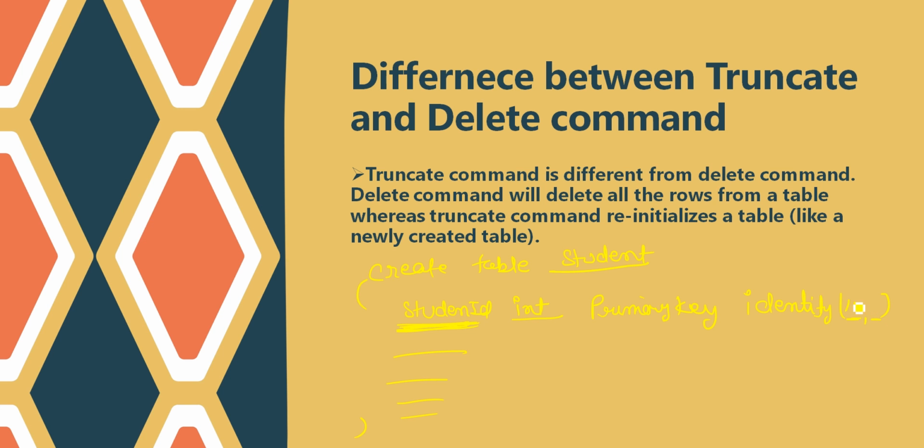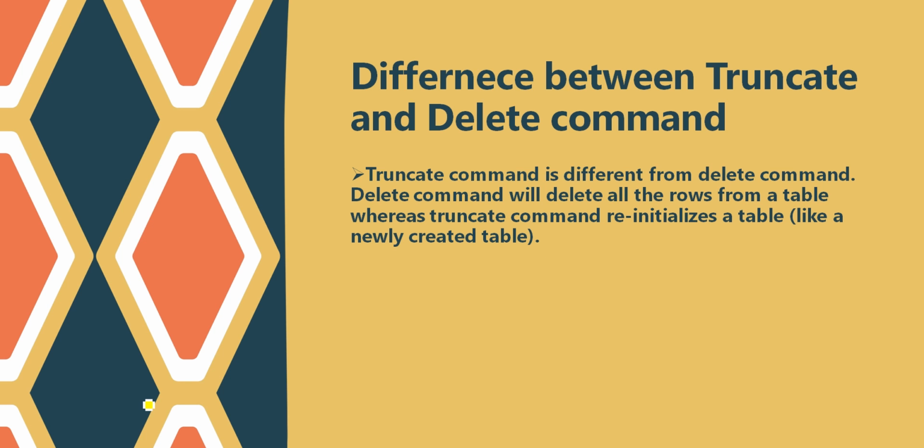I want to start this with 10 and always increment by 2. So it is going to insert the data with value 10, and it is always going to increment by 2: 10 plus 2 is 12, 12 plus 2 is 14. So while creating this, you can specify your primary key, the auto increment value, all those things.